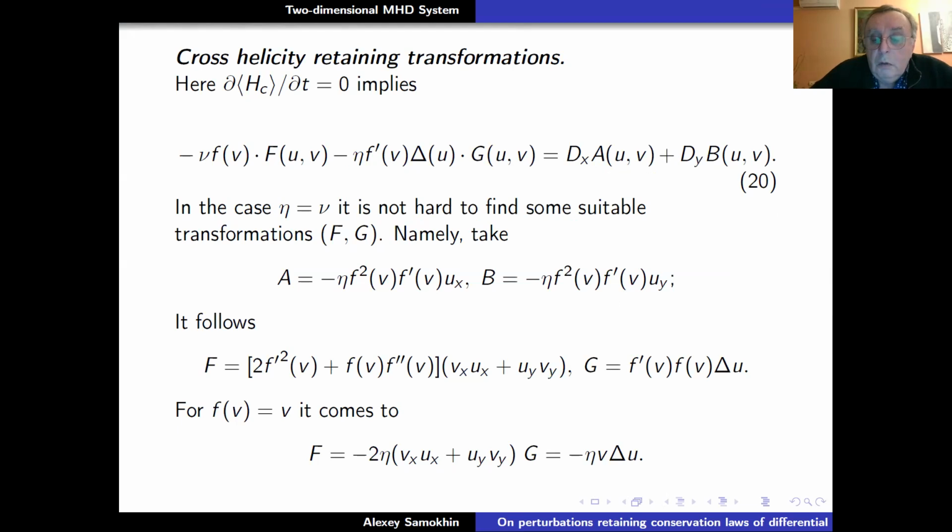It may be concluded, there are a lot of perturbations that retain each certain conservation law. And it is easy to understand that for systems, not for simple equations, such perturbations are numerous.